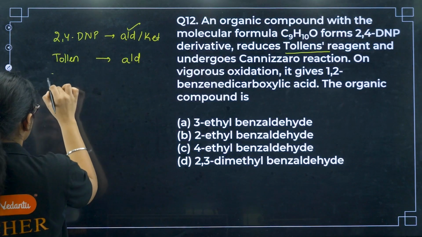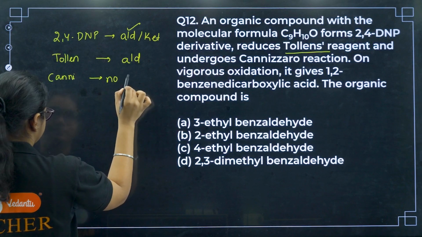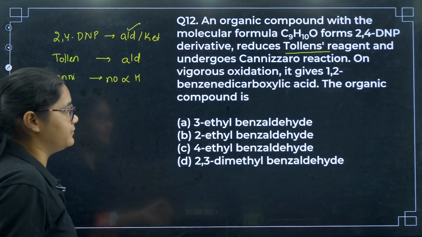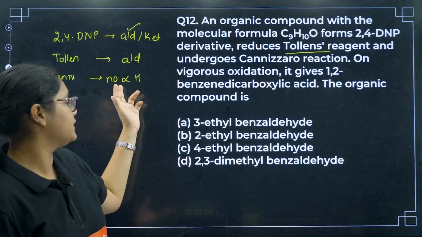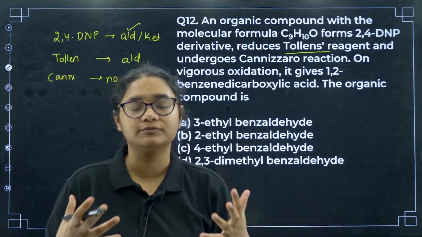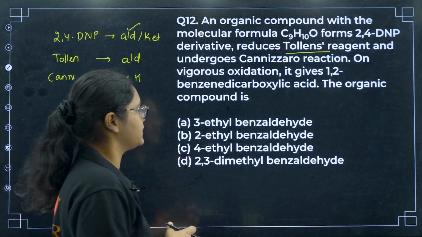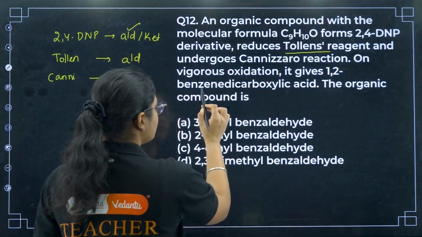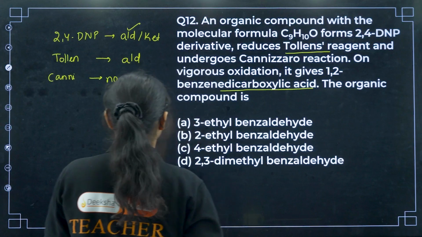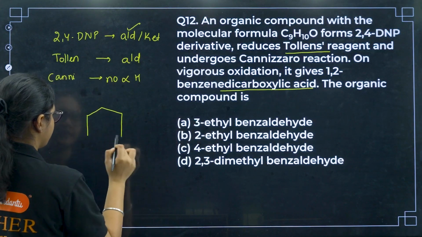Next, it is saying it undergoes Cannizzaro reaction. Cannizzaro reaction, I can say no alpha hydrogen, which means most probably when you see the number of carbons is more than 6 and it has no alpha hydrogen, then it will be a derivative of benzaldehyde. On vigorous oxidation, it gives a 1,2-dicarboxylic acid. So that means I can say the structure is like this.